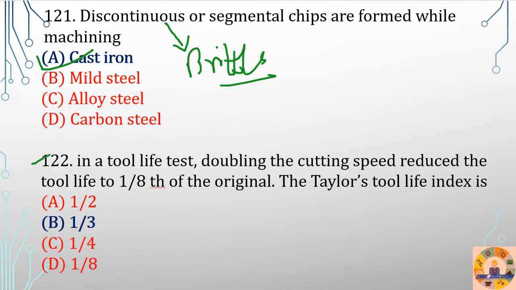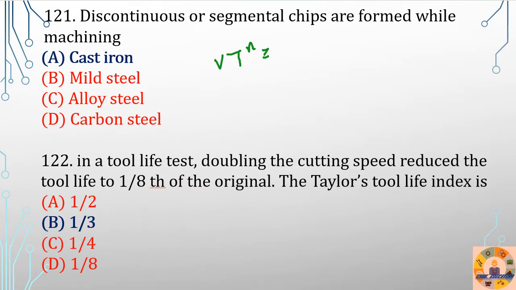In a tool life test, doubling the cutting speed reduces the tool life to 1/8 of the original. The Taylor's tool life index, what do you know about that? V T to the power n equal to constant.